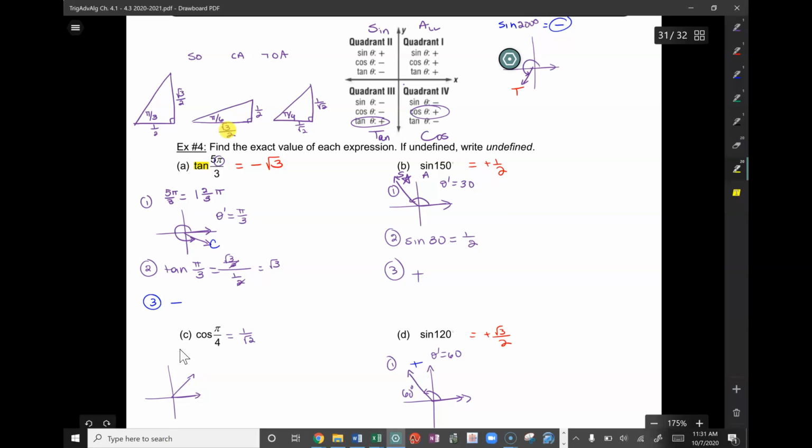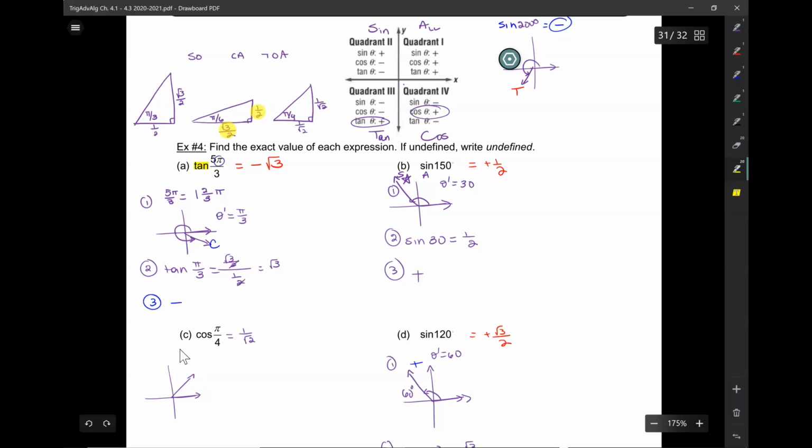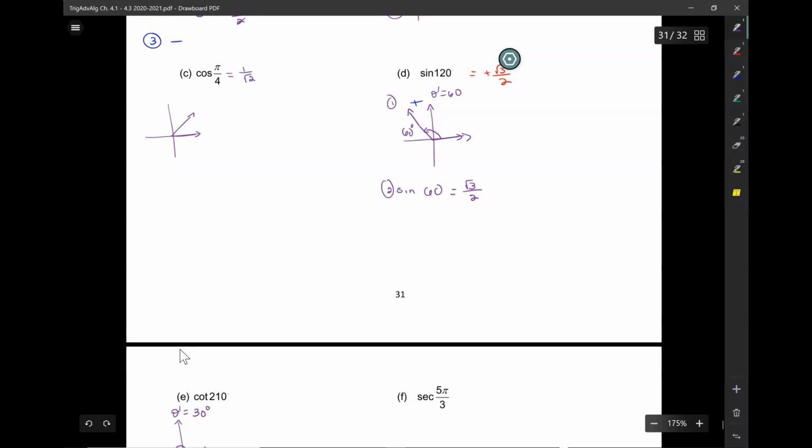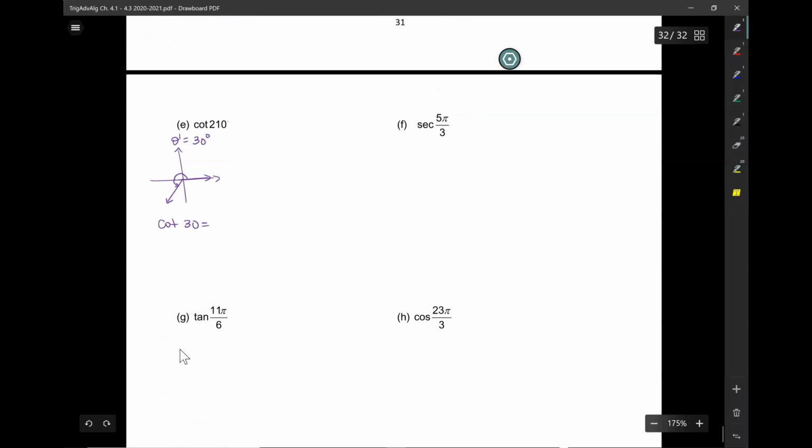Cotangent is adjacent over opposite, so that's going to be root 3 over 2 over 1/2. Cancel the 2's, that's root 3.